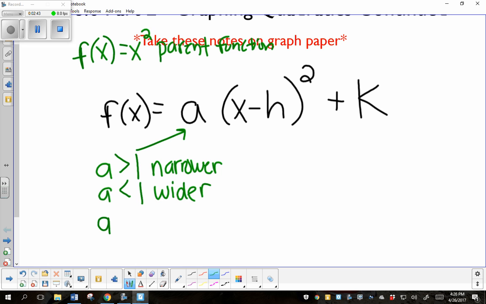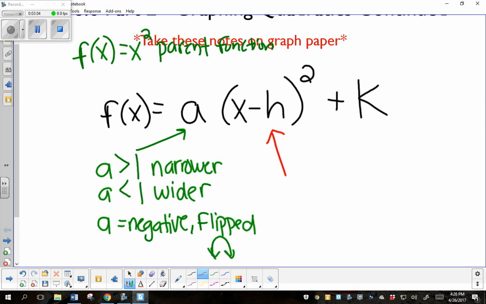And if my a is negative, the graph is flipped. So it is a frown. So that's what that a in front can do. It can make it narrower, wider, or it can flip it. This part, the part that's in the parentheses with the x. If I see an x minus h, it's going to shift my graph h units to the right.